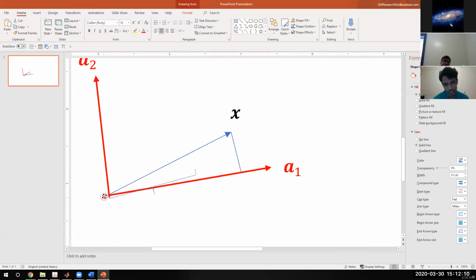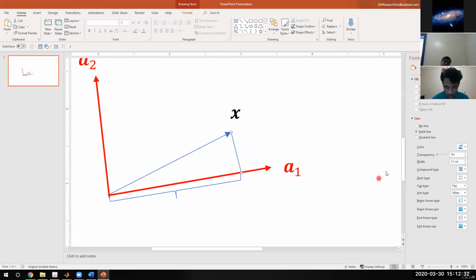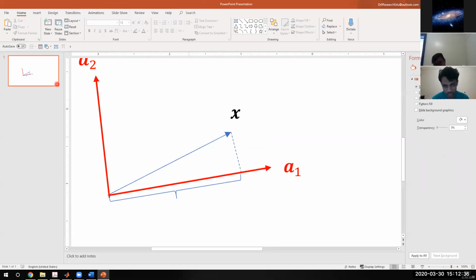Very simple, but it's not simple to draw. This is the coordinate of x in the new system on A1, right? But the question is, how would you calculate this length? Isn't it the projection of X onto A1, right?